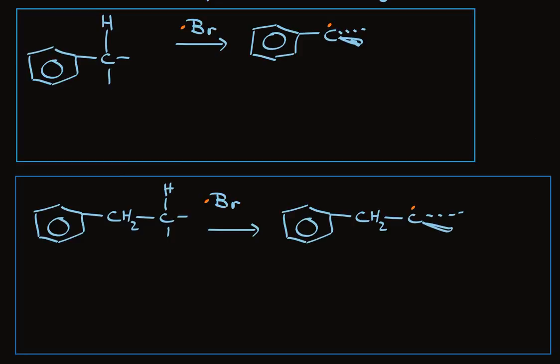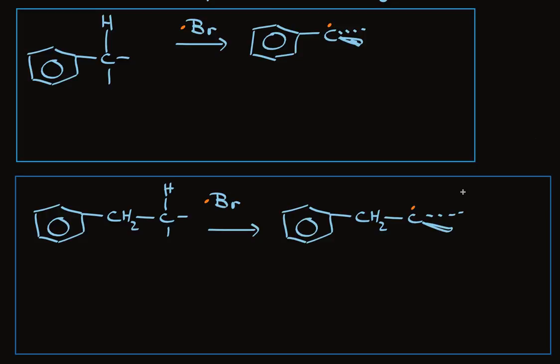We're comparing the relative rates of formation of this benzylic radical and some non-benzylic radical. And those rates of formation correspond directly with the stabilities of the radicals themselves. The more stable the radical, the more rapidly it's formed.